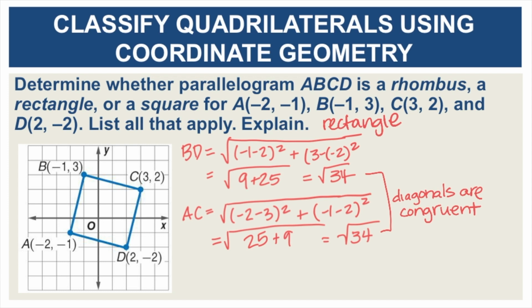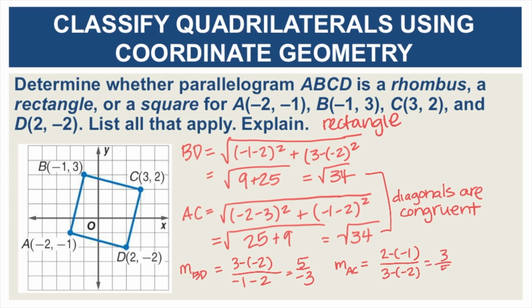So I'm going to do the slope of BD, and that's going to be 3 minus -2 over -1 minus 2, which is going to be 5 over -3. And then the slope of AC is going to be 2 minus -1 over 3 minus -2, which is going to be 3 over 5.